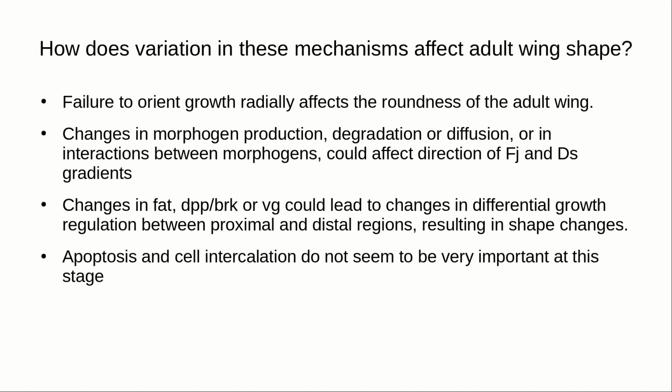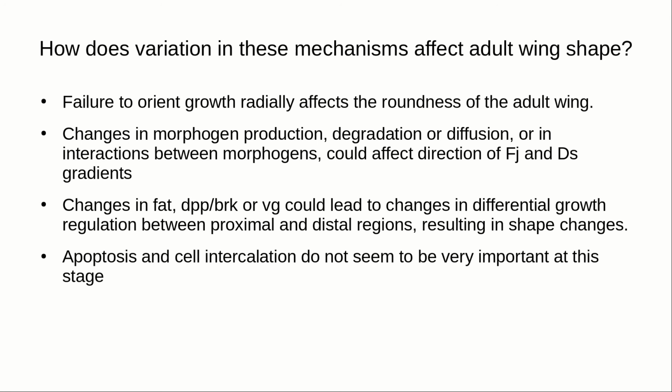Okay, so changes in morphogen production or their different parameters, degradation, diffusion, or changes in the interactions between the morphogens can affect the direction of these Four-jointed and Dachsous gradients, and therefore will affect the relative growth in the different axis directions.